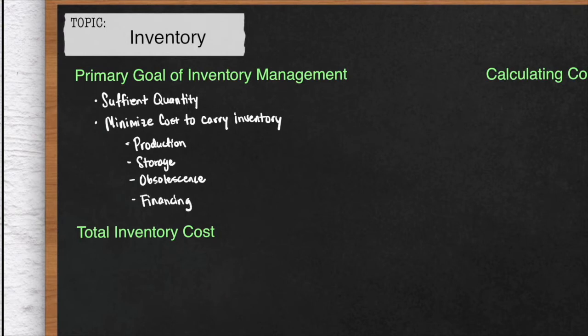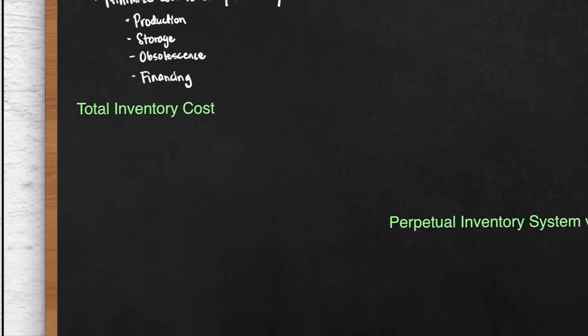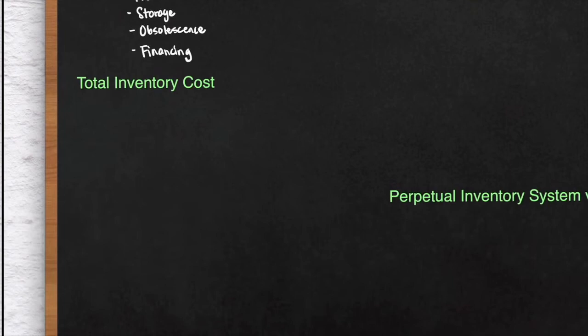Another big one is obsolescence, where your product is not in demand anymore and is just taking up room in the warehouse and you can't get new product in. And finally, financing the inventory. If you are purchasing the inventory or making it, you need to finance it, and that costs a lot of money.